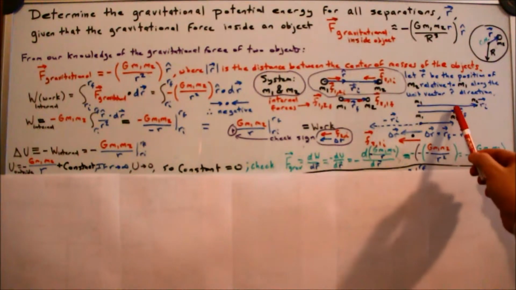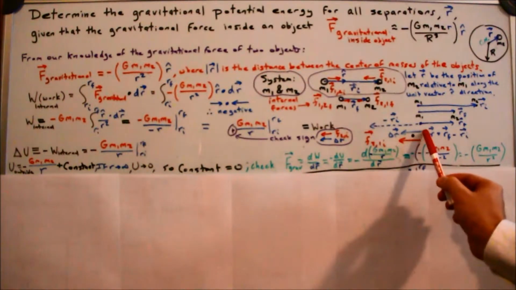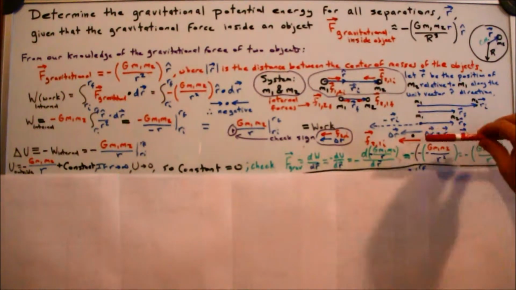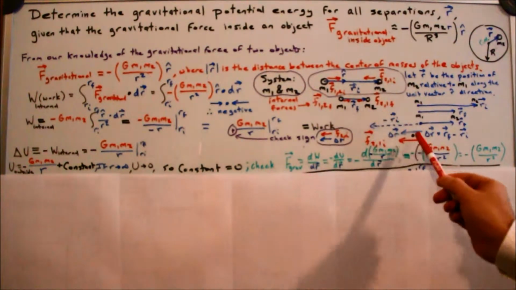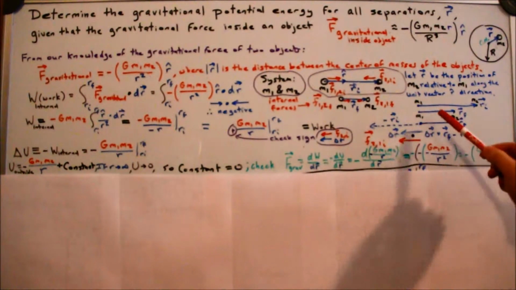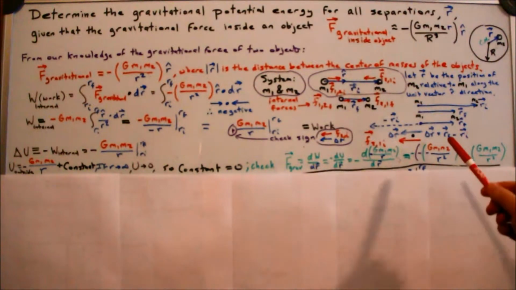So there's my initial, there's my final, so I take my final minus my initial, so my change in r is in this direction. So you can see that the change in r is acting in the minus r hat unit vector direction.